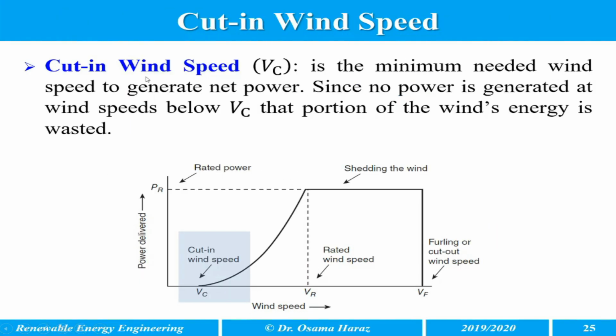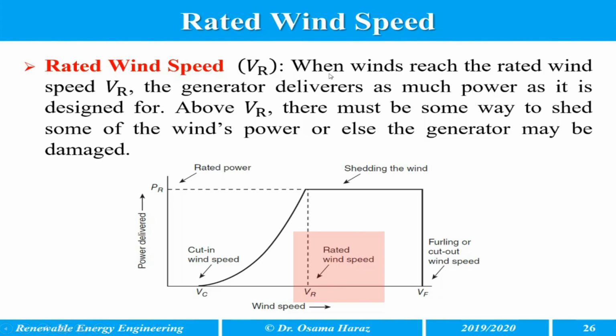VR is the rated wind speed. When the wind reaches the rated wind speed, the generator delivers the maximum power it is designed for. Above VR, there must be some way to shed some of the wind's power, or else the generator may be damaged.